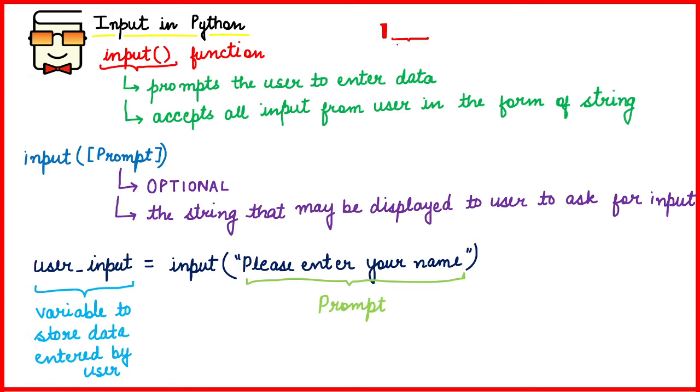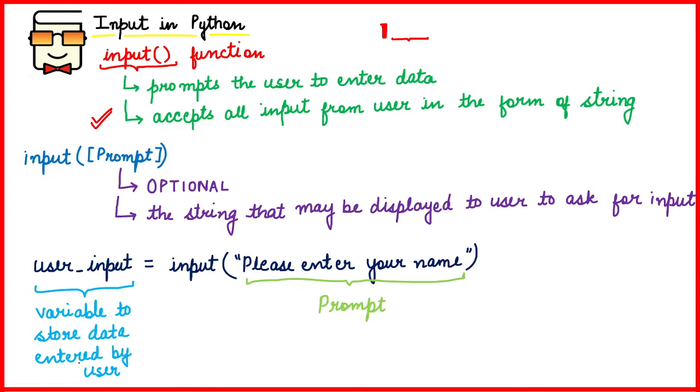Okay, so this input function prompts or asks the user to enter some kind of data, and whatever data the user inputs is converted into the form of a string and stored in a variable by the input function.